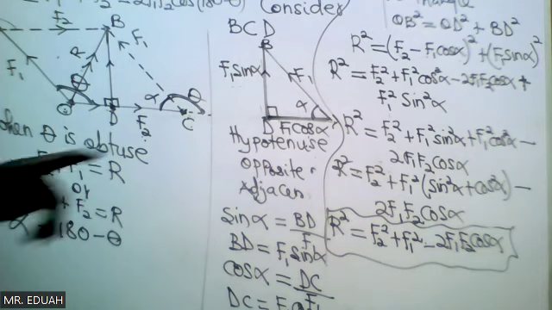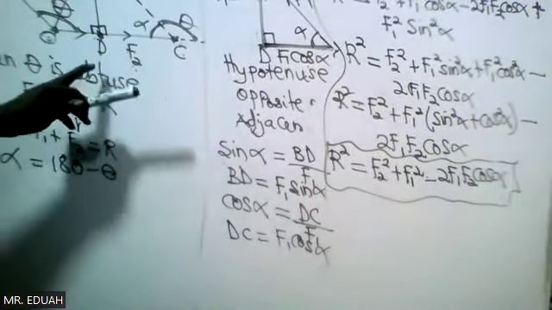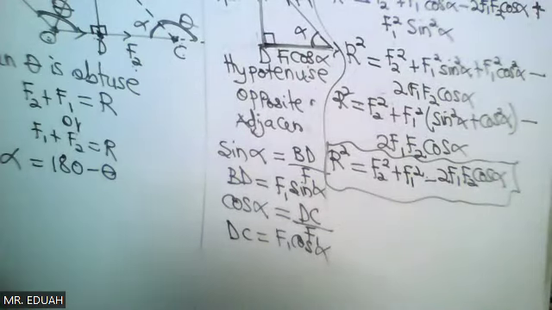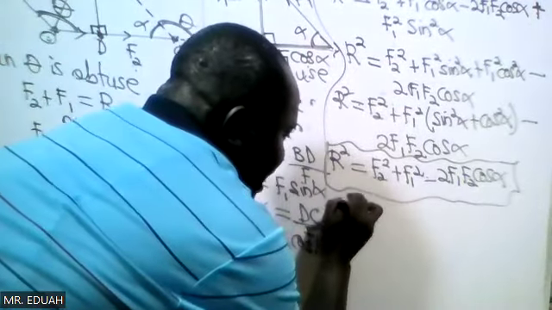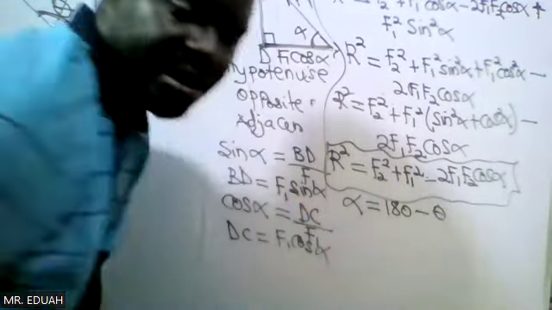Don't forget, I earlier also said that alpha is equal to 180 minus theta.